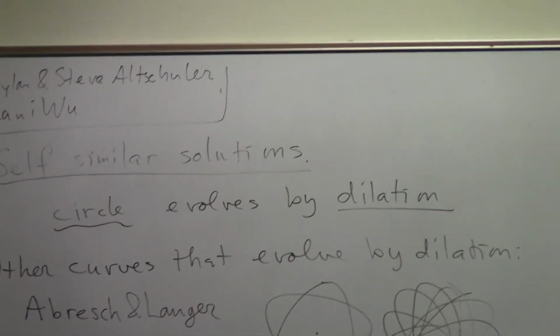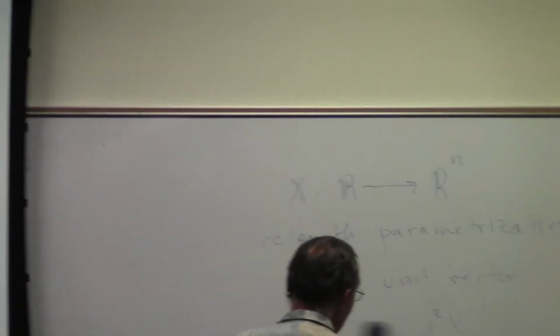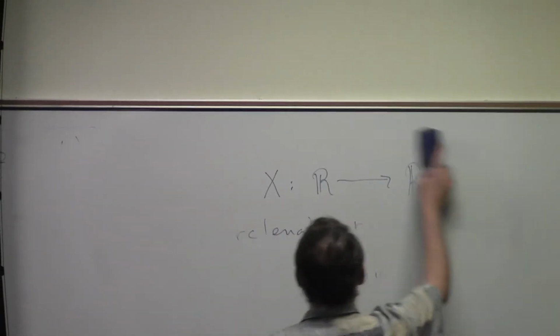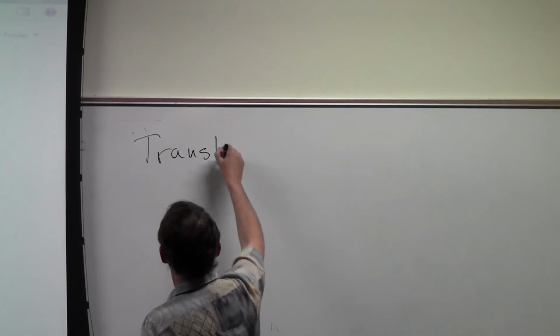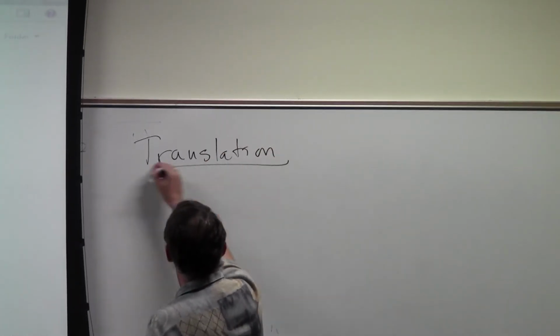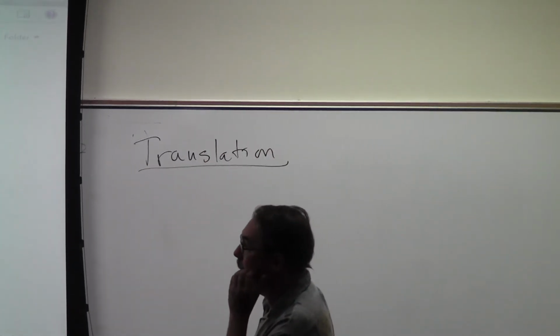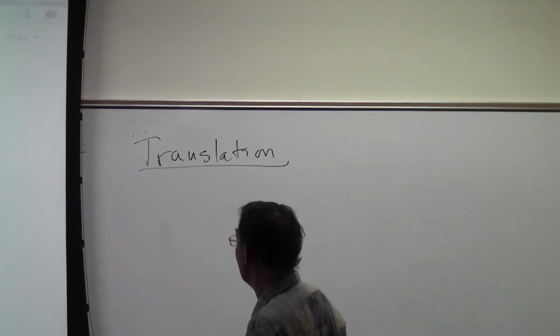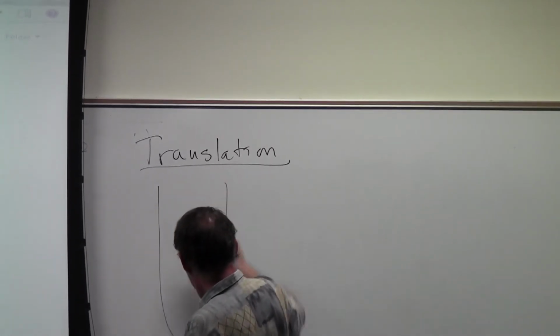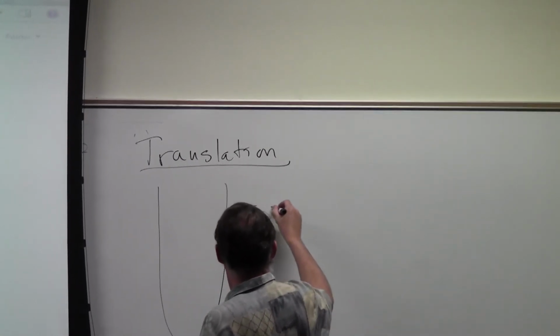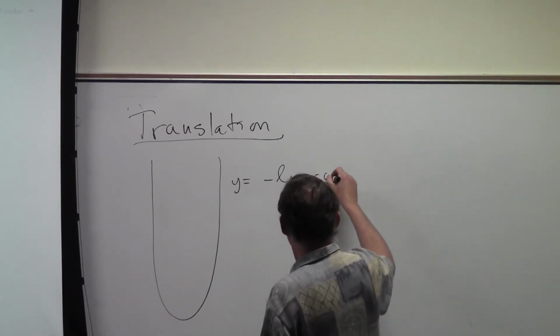So other things that you can think of: instead of dilating, you could ask, are there solutions that evolve by translation? In the plane there is exactly one kind of curve, and it's the graph of minus log of cosine x.